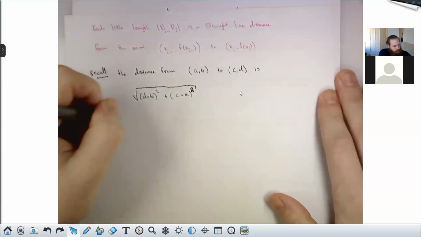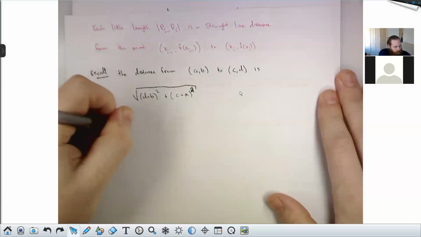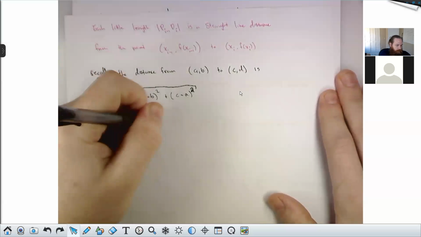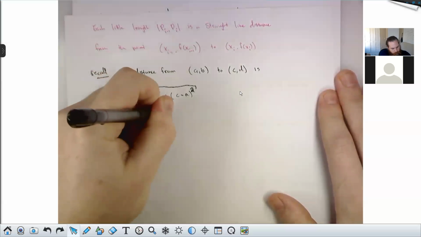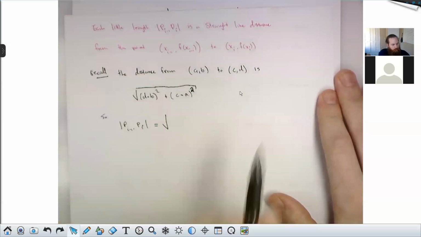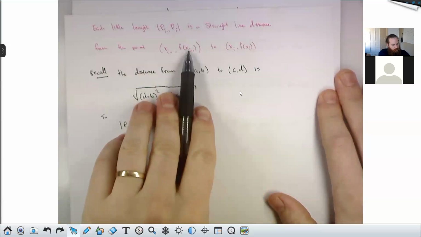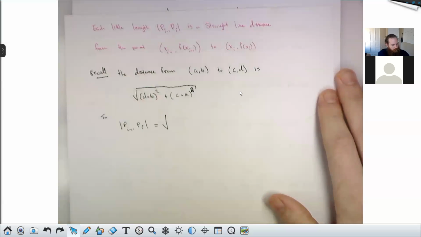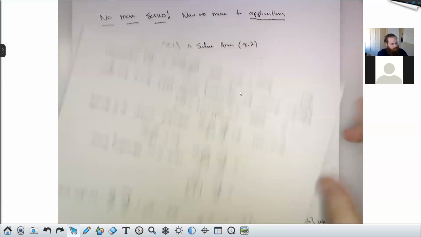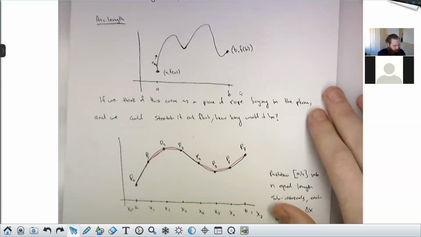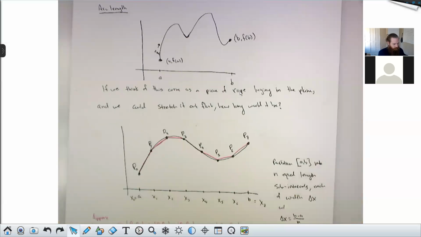So the distance from pi minus 1 to pi is the square root of f of xi minus f of xi minus 1. Let me come back here. We can actually do this more nicely in the delta notation.